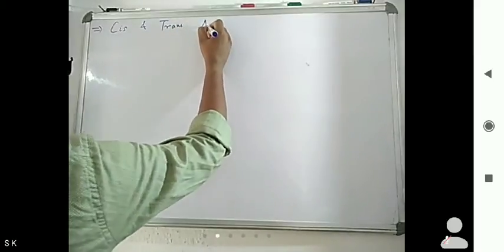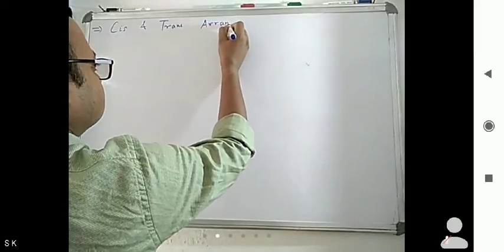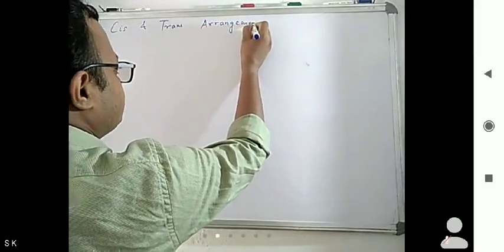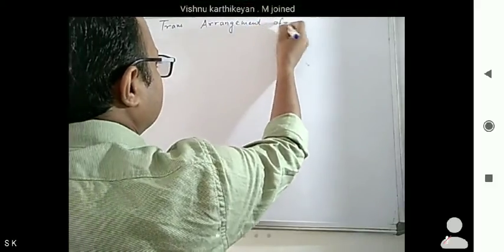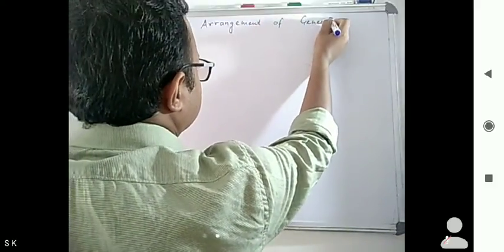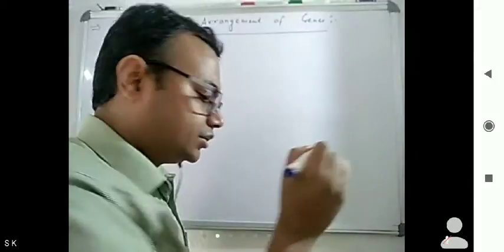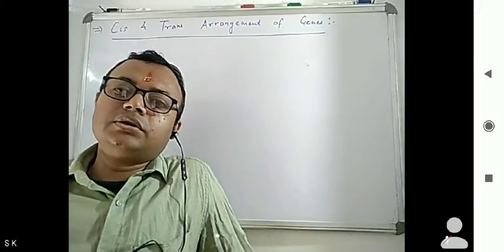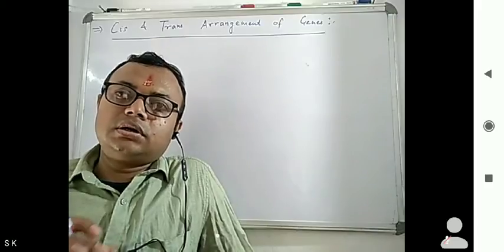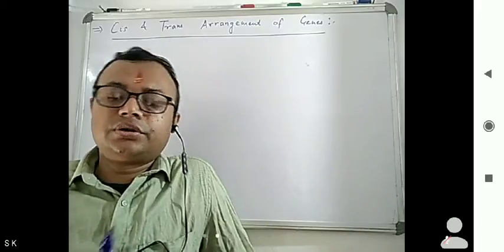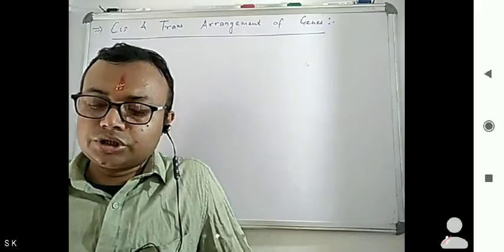Cis and trans arrangement of genes. Okay, now you already know that all the genes are present in homologous chromosomes.